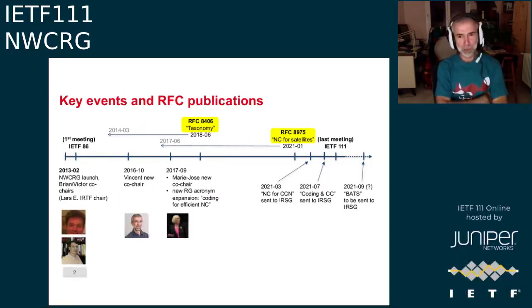So we are also very happy with this second RFC. And as Marie said, there are 2 now and almost 3 very soon additional documents that will enter the last standardization step. One for network coding for CCN, another one for coding and congestion control, and last one, hopefully, the BATS document. I will come back to those 3 documents.